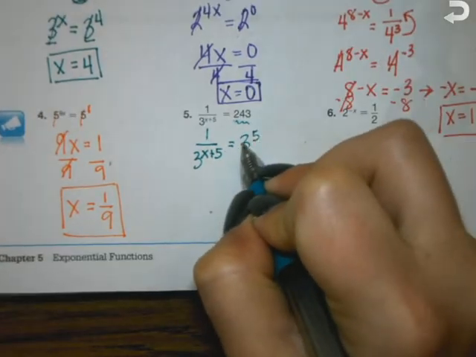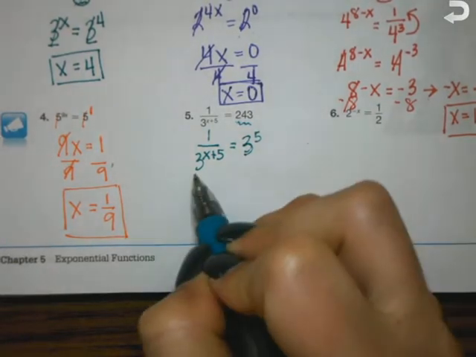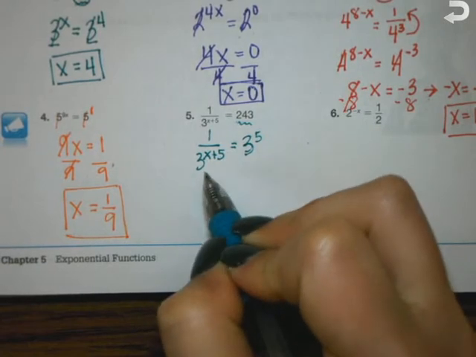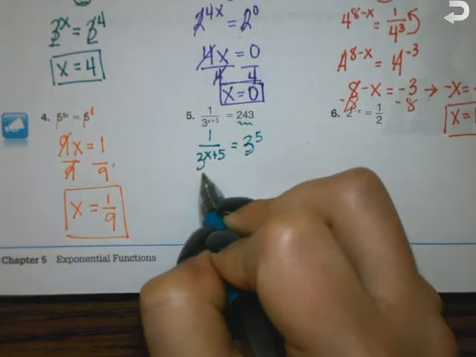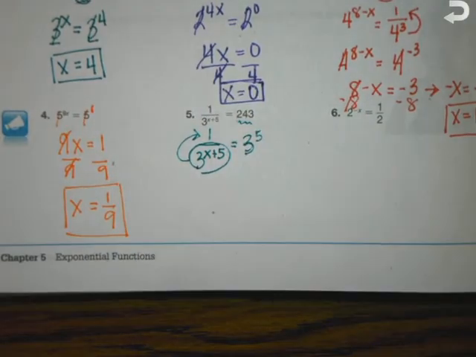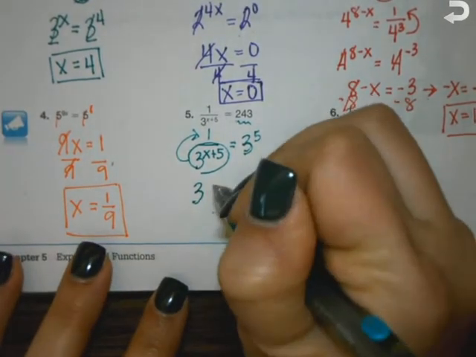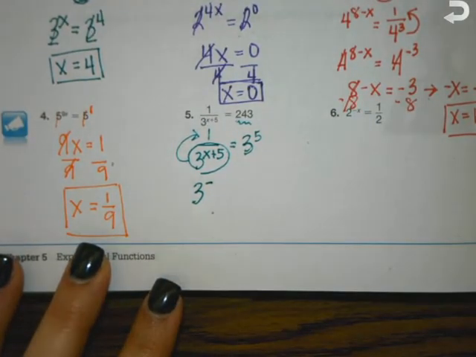Okay. Do I have same bases yet? No, this is a base of 3, and this guy has 3 in the denominator. Can I move 3 to the numerator? Yes, but what do I have to do to the exponent? Make it negative. So this is how you are going to write it. 3, negative, and then in parentheses, x plus 5.